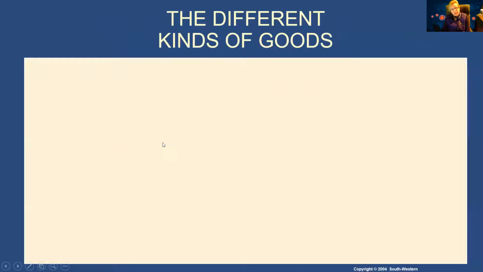Okay, so let's look at how we classify different goods. We're going to ask two questions. The first question we're going to ask ourselves is, is this good excludable? Now, what does excludability mean? It means that we can prevent someone from using it.